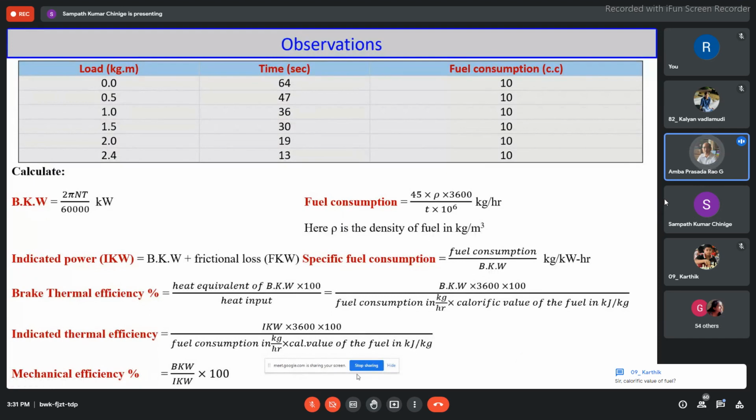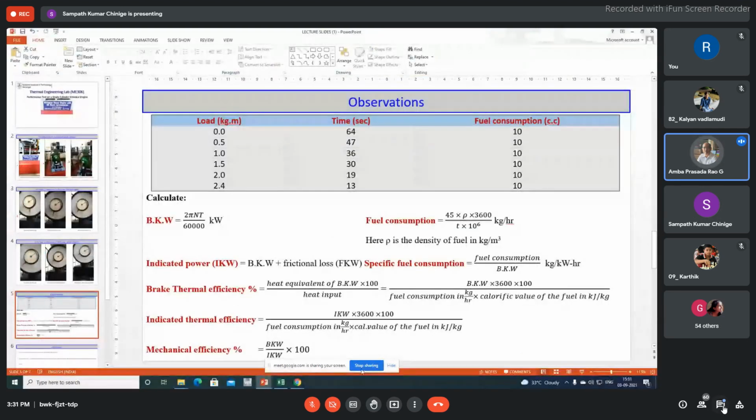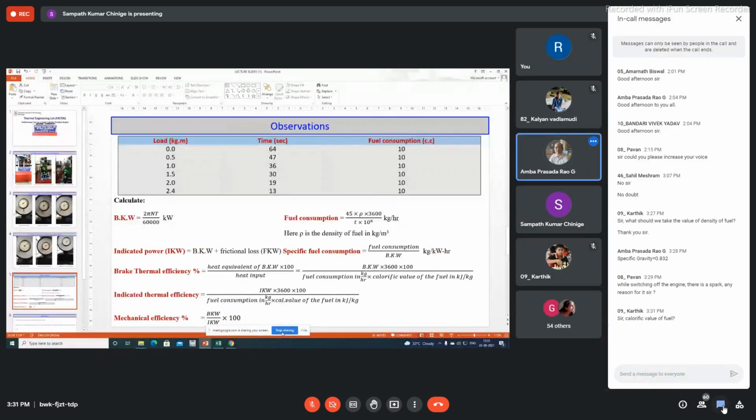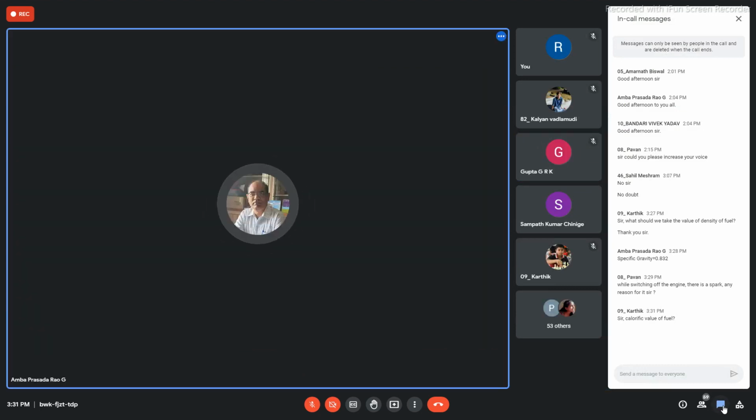Calorific value of fuel is 43,626 kilojoules per kg. It is a silent asking of questions through the chat box. They are very silent, asking the calorific value questions.